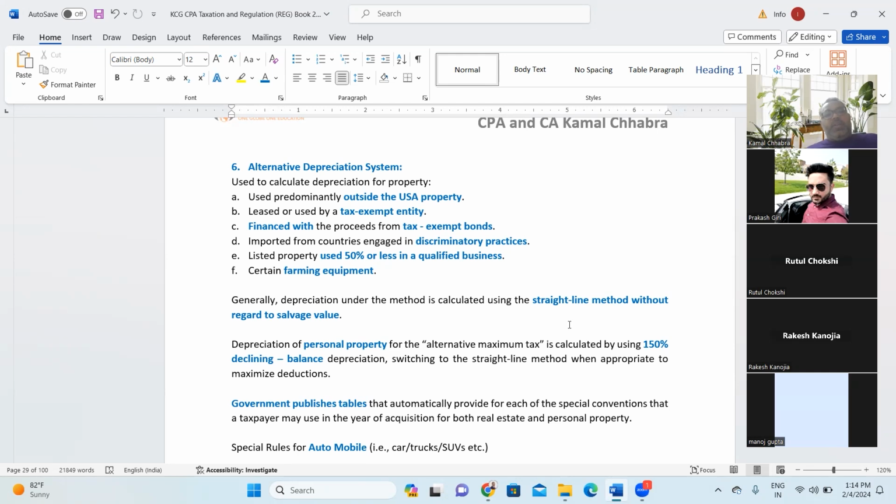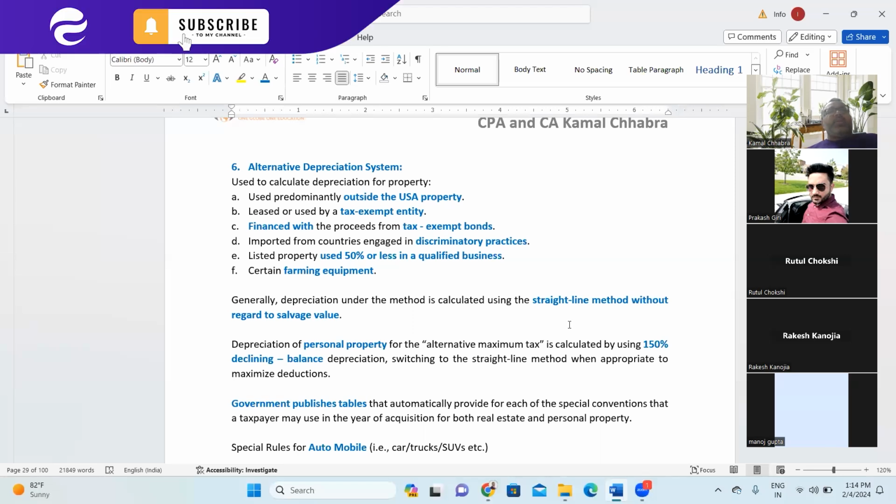Next, property financed with the proceeds from a tax exempt bond. If you have purchased any asset from tax exempt bond proceeds, then that asset should not be considered for the alternative depreciation method; rather, it should go for MACRS.